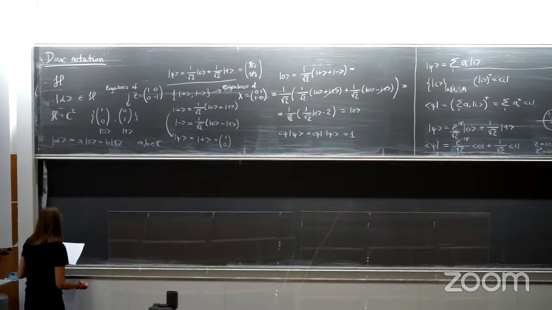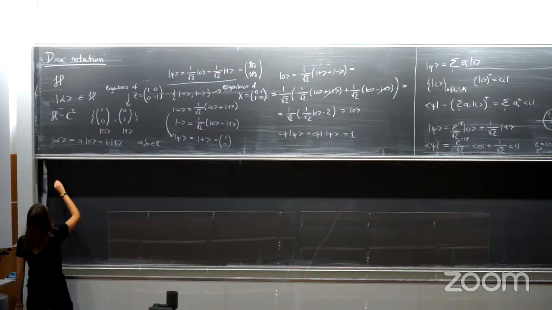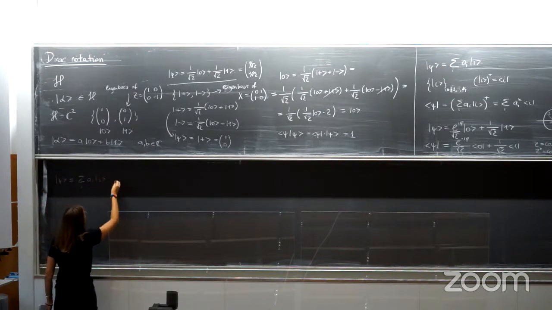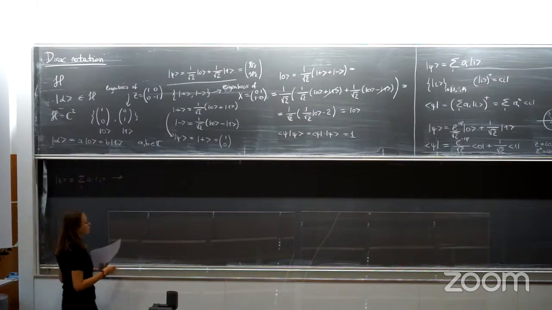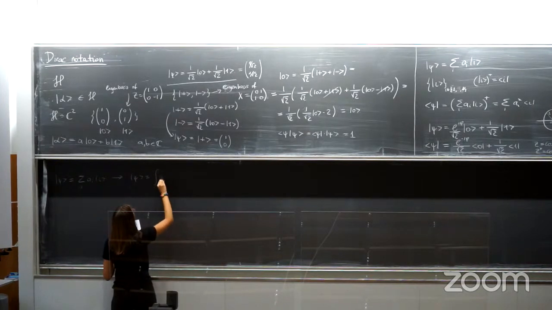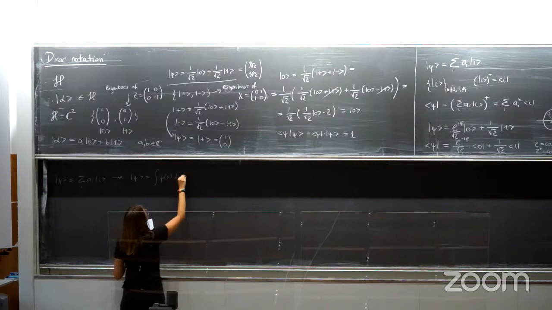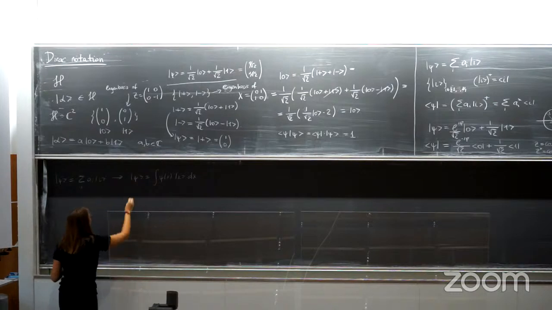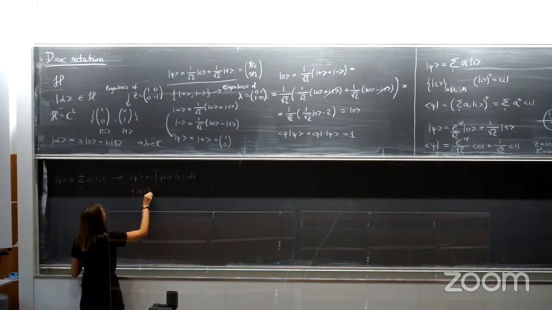So the way we go is, we have this discrete representation, and from this we go to the continuous case of the infinite dimensional Hilbert space by just writing that the ket psi is an integral of psi of x, ket x, dx, where x is the so-called position basis.